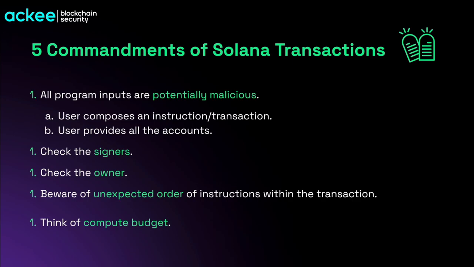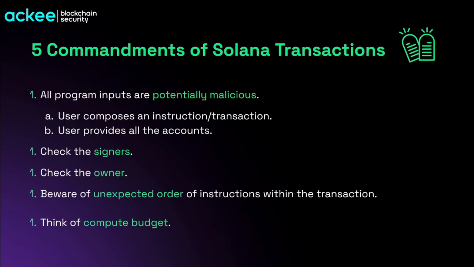There are 5 really important things that we need to know about transactions. We can think that all of the program inputs can be potentially malicious for a few reasons. Any user can obviously compose these transactions. That means it can be whatever instruction in the transaction, and the user also provides all of the accounts.